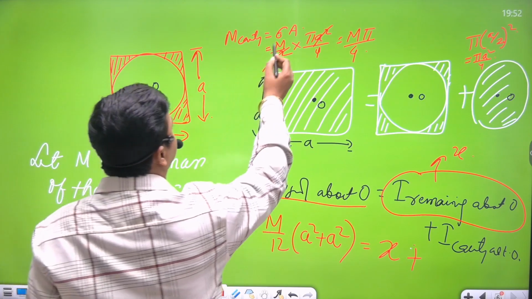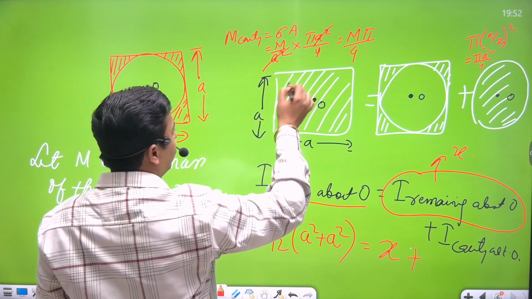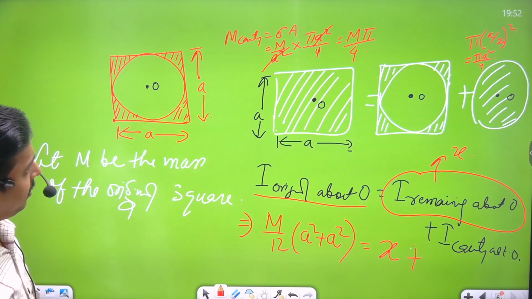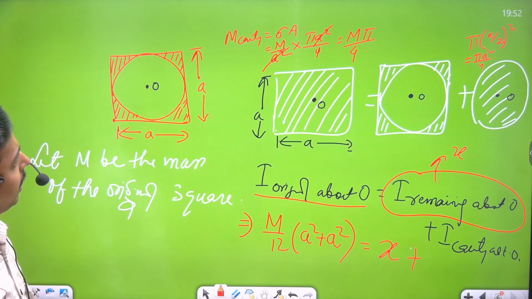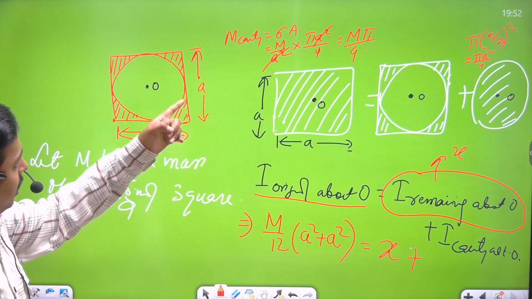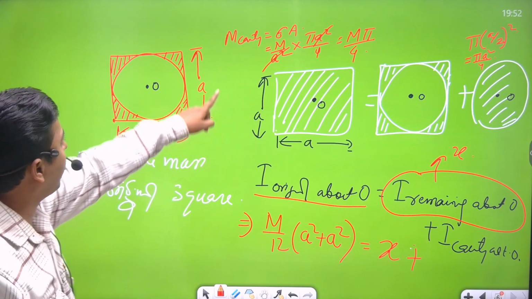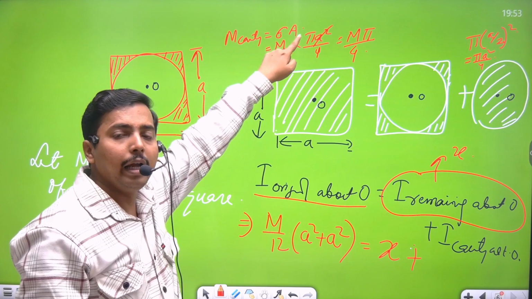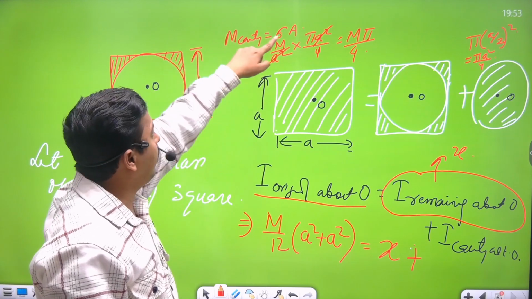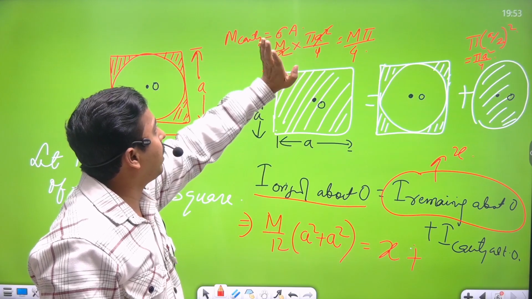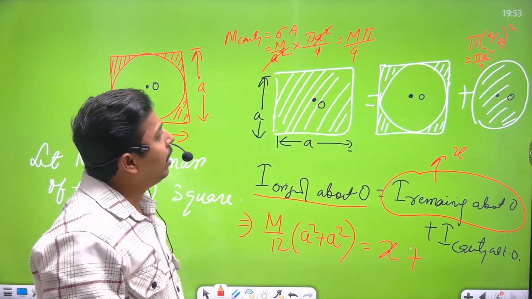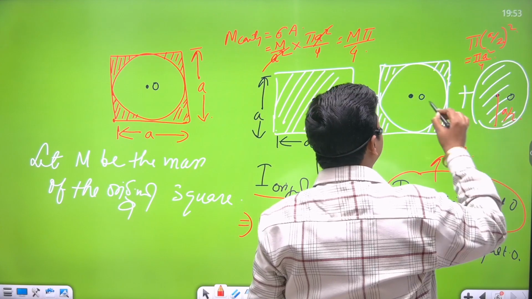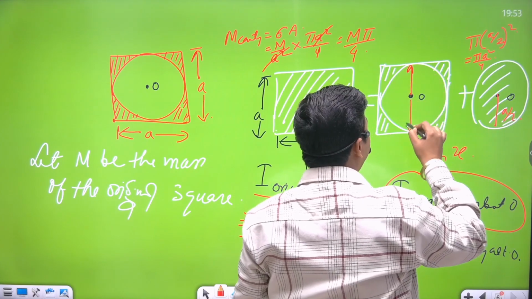No, the area of the square is a square, so m by a square will be sigma. When you are finding the mass of the cavity, you will have to put the area of the cavity. The area of the cavity will be equal to pi a square by 4. Why? The cavity has a radius a by 2, and this whole part is a.